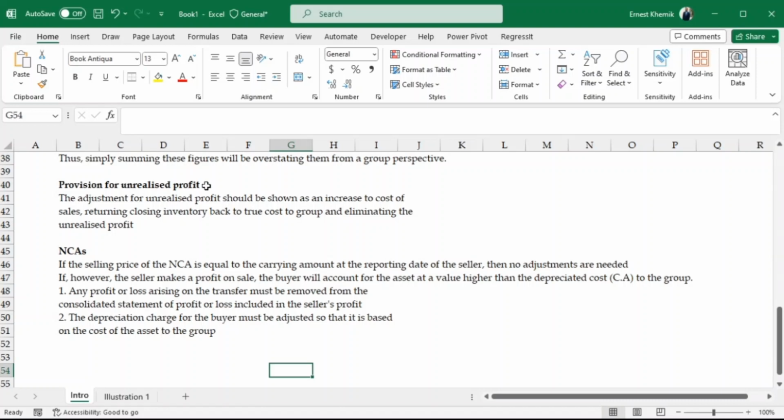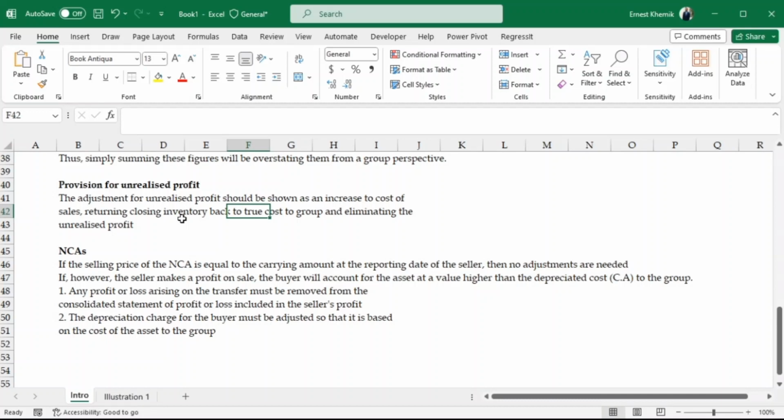So whatever adjustments we have to make would be made. Whenever there is an unrealized profit on any sale within the group, that unrealized profit component would increase our cost of sales. By doing that, we are returning the closing inventory back to its true cost to the group, and then we will eliminate the unrealized profit element on it.